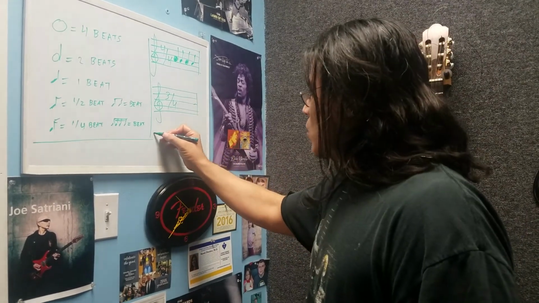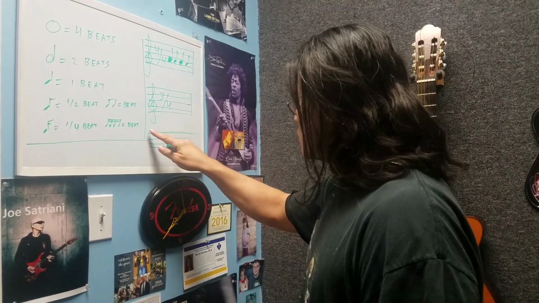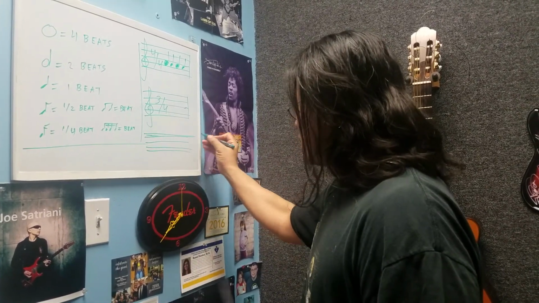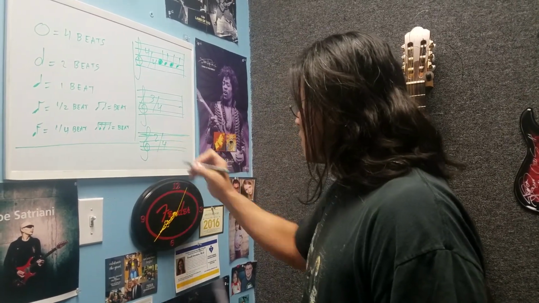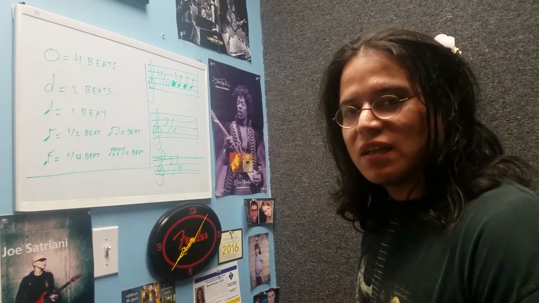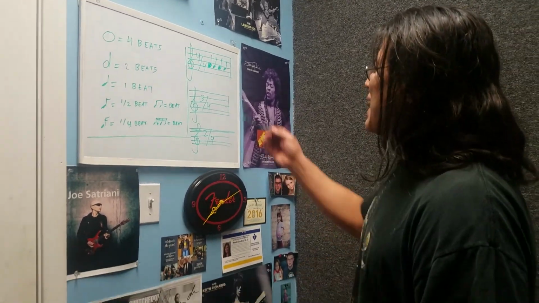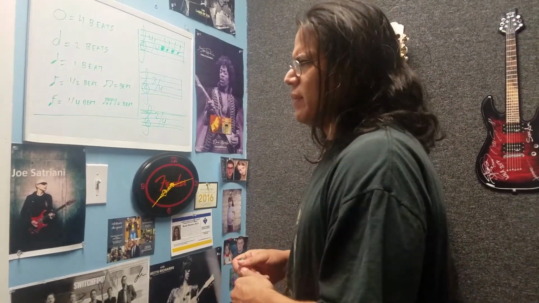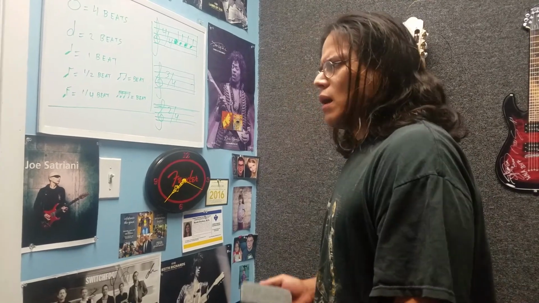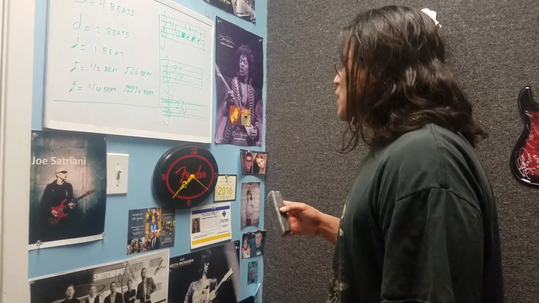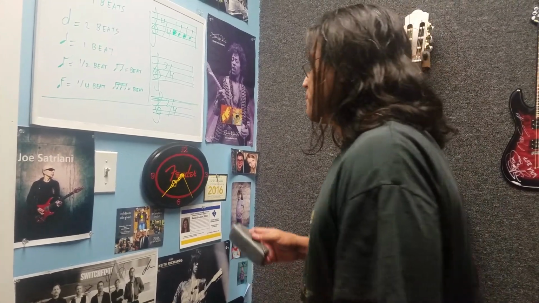Or I can have 2/4, which has 2 beats, and the quarter note gets the beat. And I can have 5/4 and 6/4 and so on, and each time you're just increasing the number of beats. Now, when the denominator changes, things get really interesting.